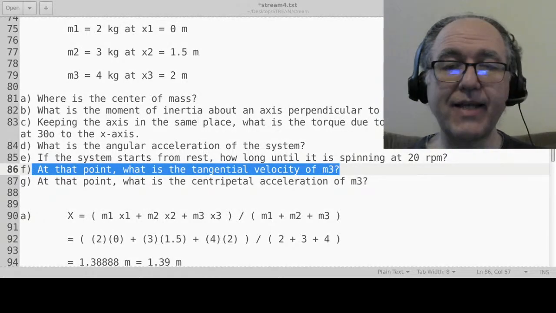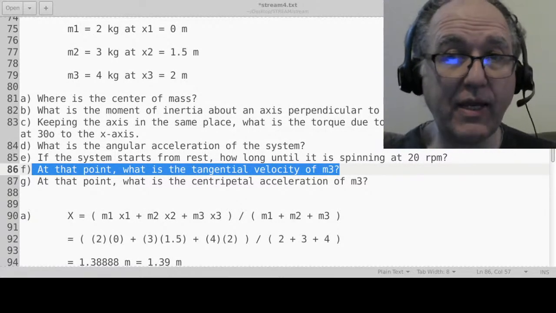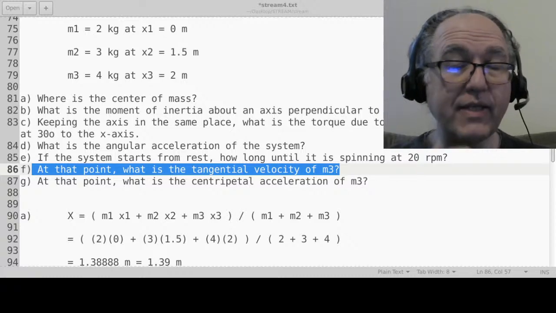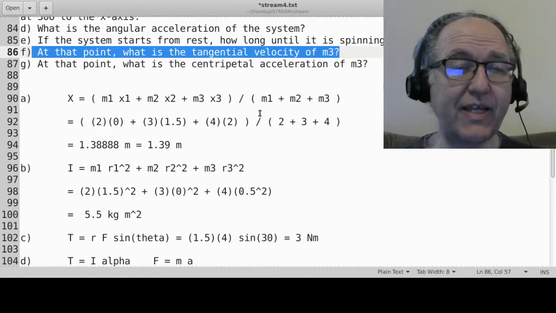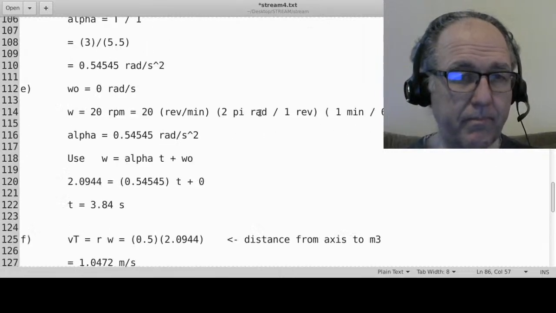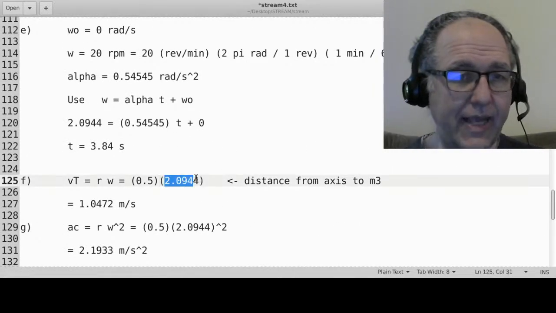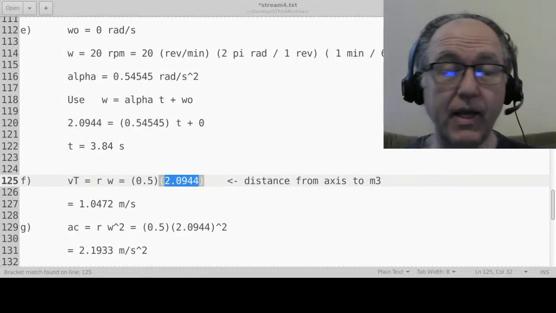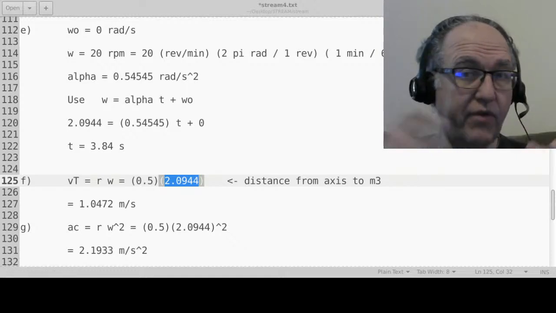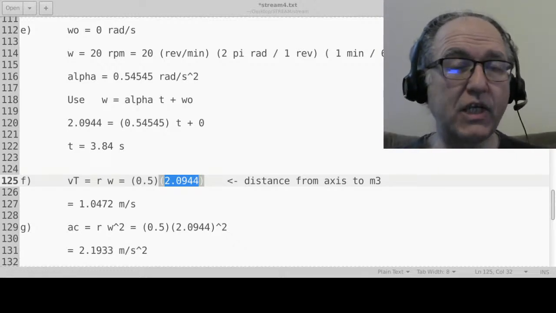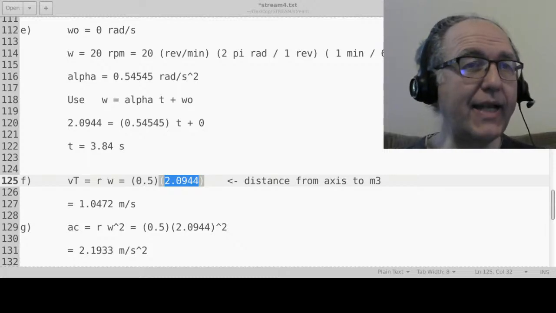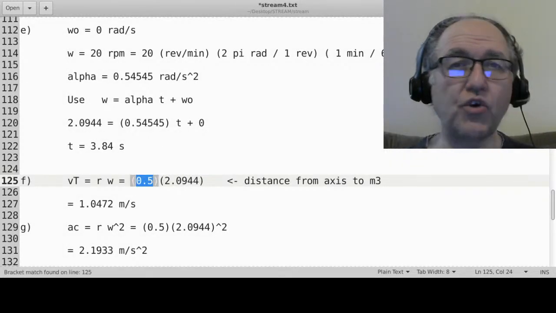At this point, what is the tangential velocity of M3? Okay, so what is the tangential velocity of m3? We know the angular velocity for the entire system, and it's the same angular velocity for m1, for m3, for all of it, no matter where you are. But now I want the tangential velocity for m3. I did have it right at 0.5, but let me show you why.